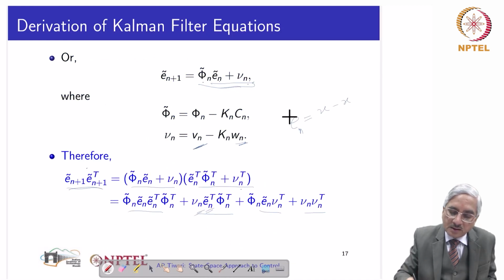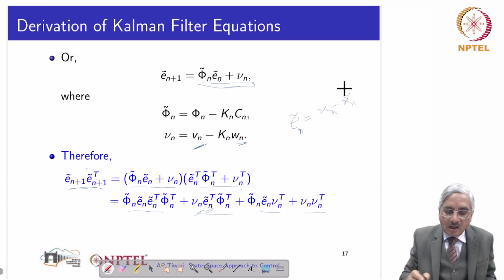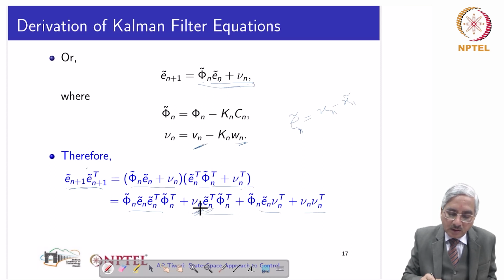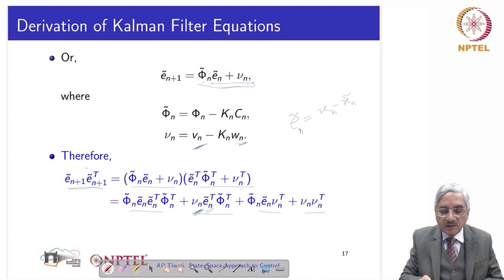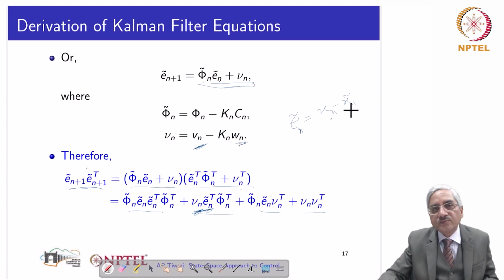So En tilde is xn minus xn tilde, and as I said nu n is containing Vn and Wn. So this product will be containing terms like Vn xn, Vn xn tilde, Wn xn and Wn xn tilde.